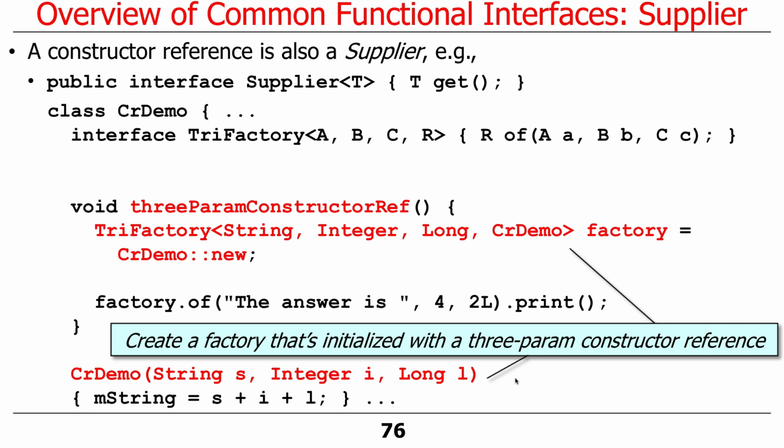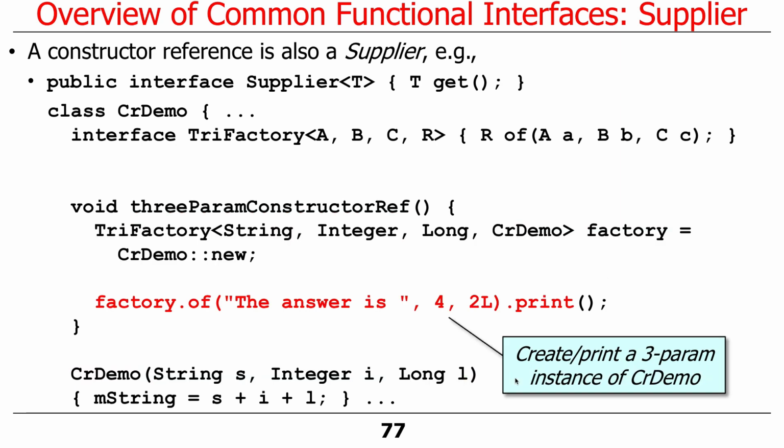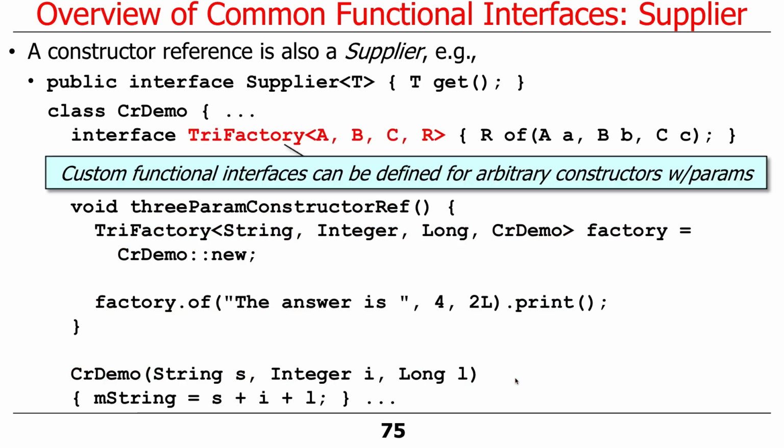And what's interesting is when we say factory.of, then we can pass it parameters. The answer is 4, 2L, or whatever. And then when we call print on this thing, it'll go ahead and make ourselves an instance of a CRDemo, which stashes away the parameters into mString, which is the field we had defined earlier, right here.